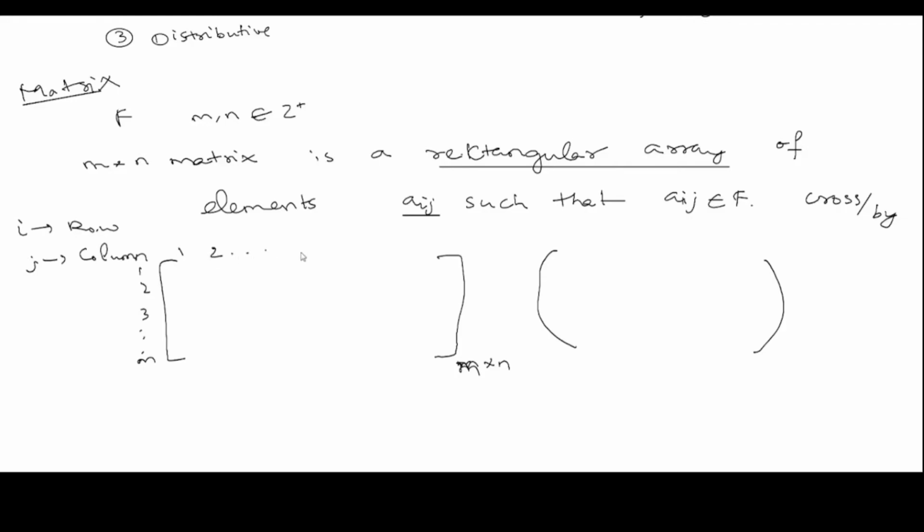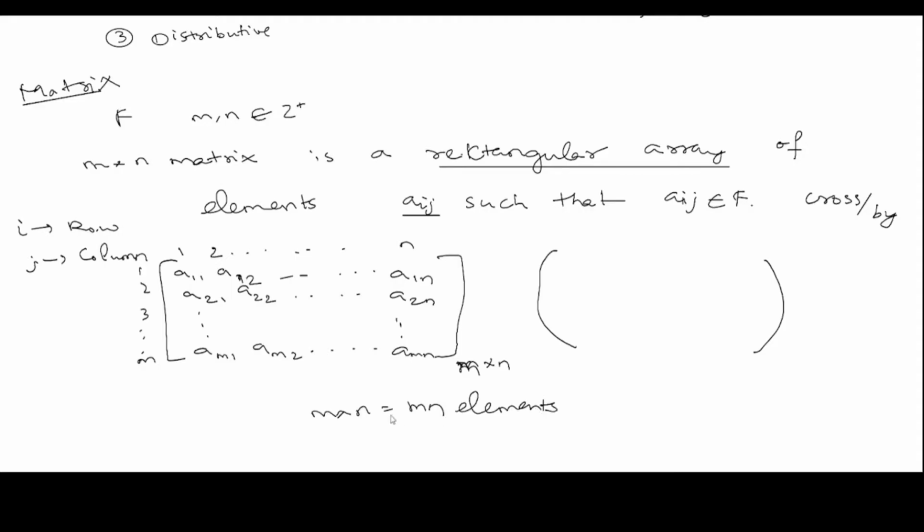The next one, n, represents the number of columns. So the first element will be a11, the second element will be a12, and it goes on till a1n. Then a21, a22, and so on, until we reach amn. In an m cross n matrix, we have m multiplied by n elements. Exactly. So that's a matrix.